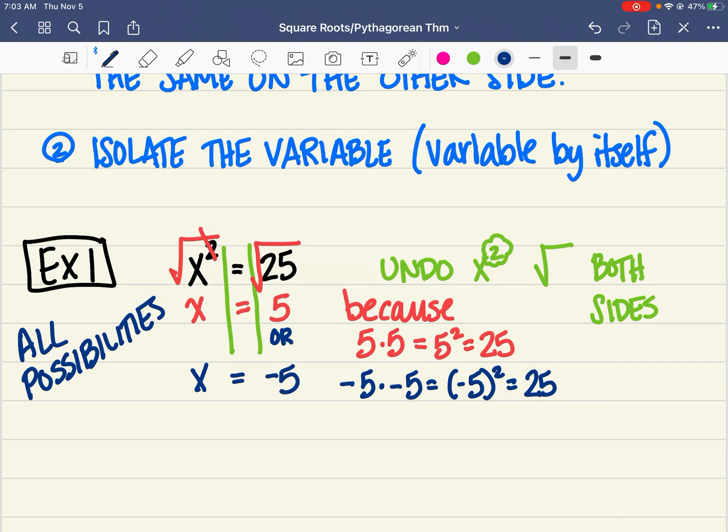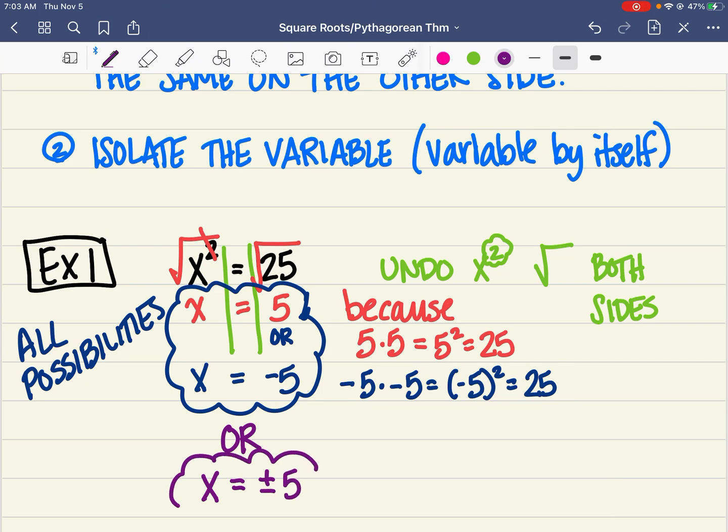Now, we could write both of those out and say, oh, these are the answers. Or, math people, we probably came up with a symbol, and we did, to make it easier. So we could just say x equals, and we put positive and negative together in the same problem, and we would say plus or minus 5. These two answers are the same. They mean the same thing.